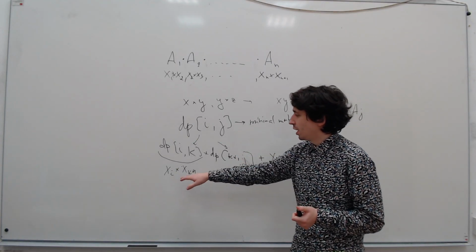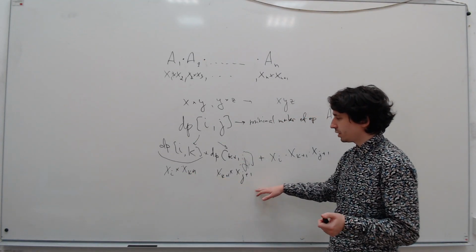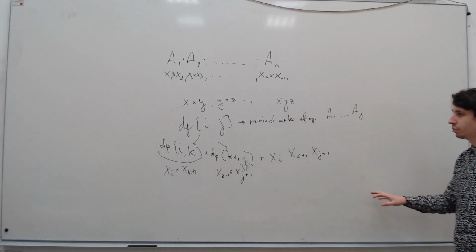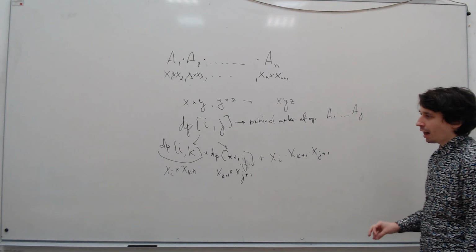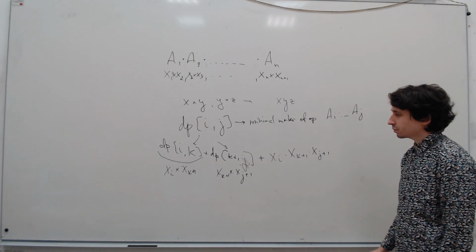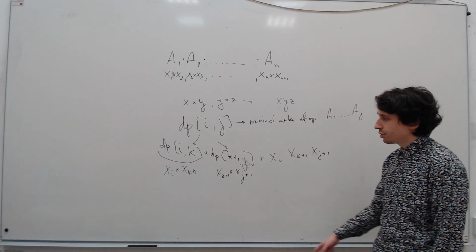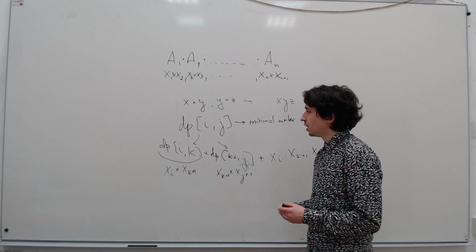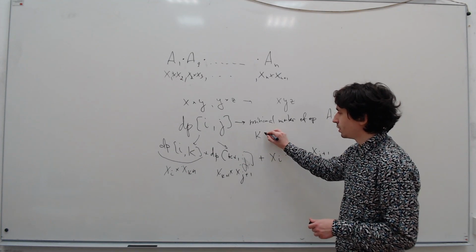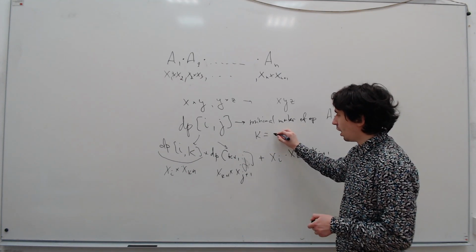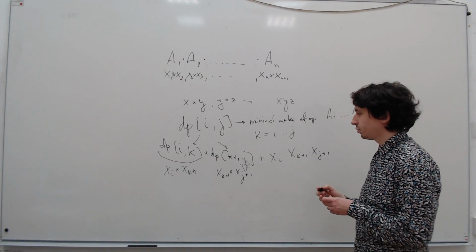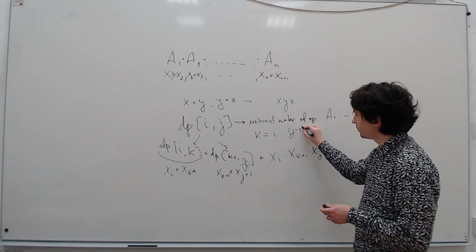So we simply multiply the corresponding dimensions and add this to here. And we need to check all the possible split points, so you traverse from i to j minus 1.